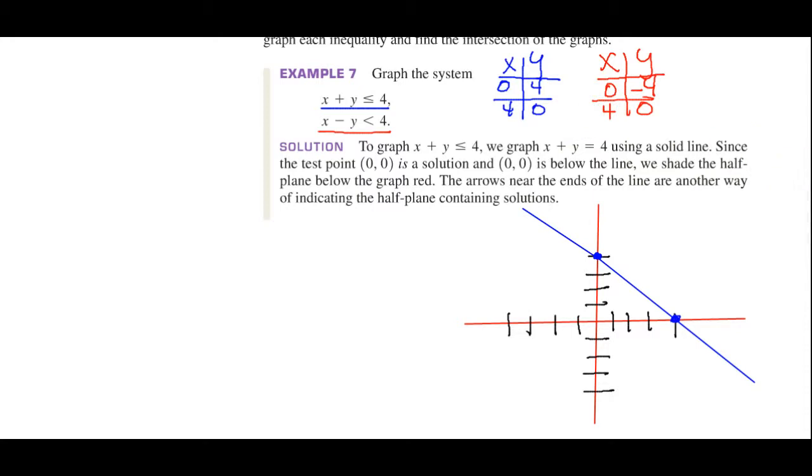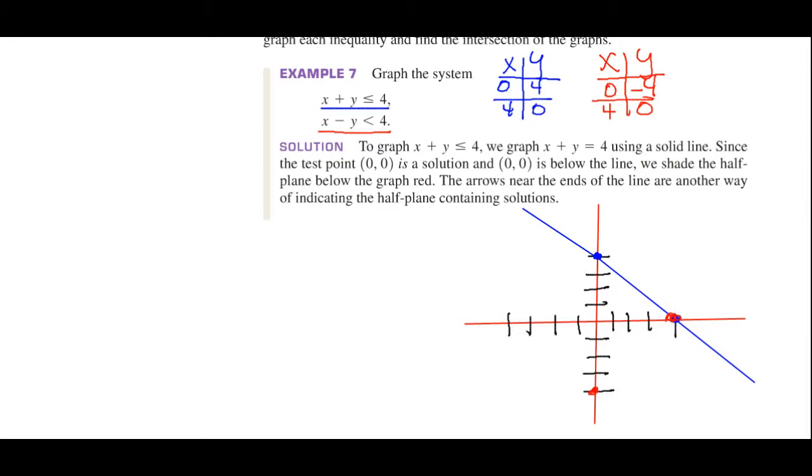Now for the red one, what kind of line are we going to need for the red one? And the answer is a dotted line. So this is going to go through a negative 4, 1, 2, 3, 4, and a 4.